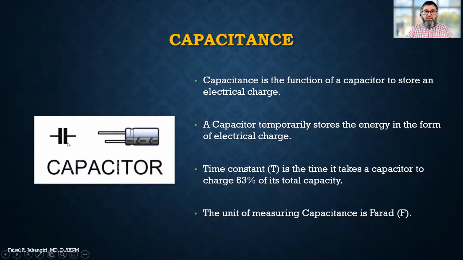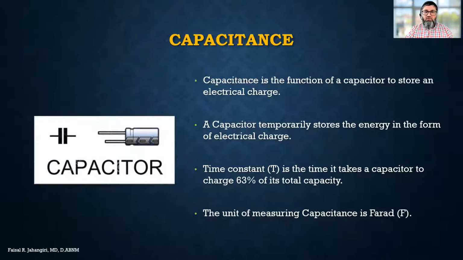The resistor is continuous and the capacitor is not continuous. The two plates are not touching. So capacitance is the function of a capacitor to store an electrical charge. A capacitor is an element that stores the charge, and the function of the capacitor of storing the charge is known as capacitance. A capacitor temporarily stores the energy in the form of electrical charge.